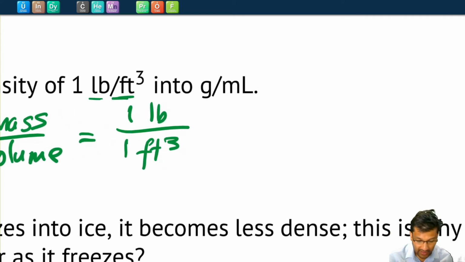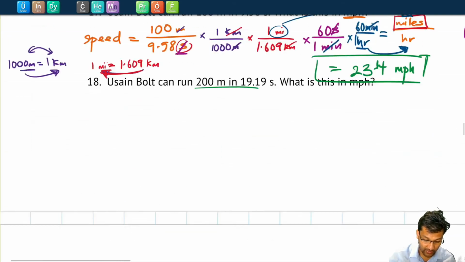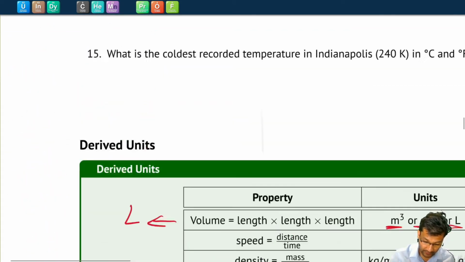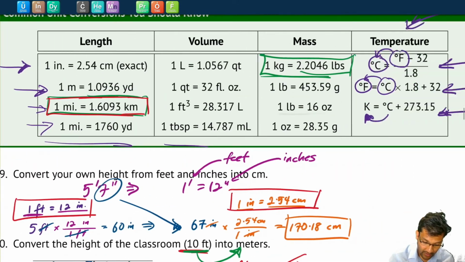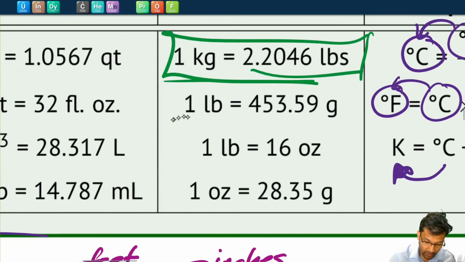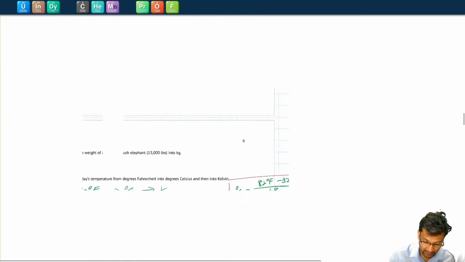Okay, so here we're going to again convert 1 unit at a time. Let's focus on pounds to grams first. Let's look at the conversions that we already know for pounds to grams, all the way up here. For mass, we know that 1 pound is 453.59 grams.